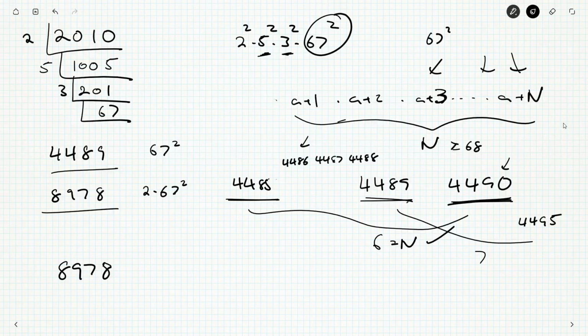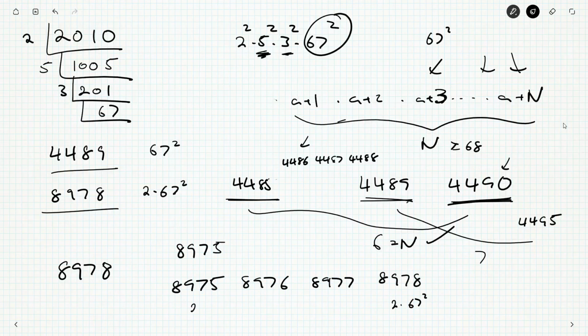Now, I noticed that 8978 is really close to 8975, and because it ends in a 75, it's going to be a multiple of 25. So that's really attractive there. So 8975, I'd have to fill in the numbers between. But this has a multiple of 2. It's got two 67s. This has 2 5s.